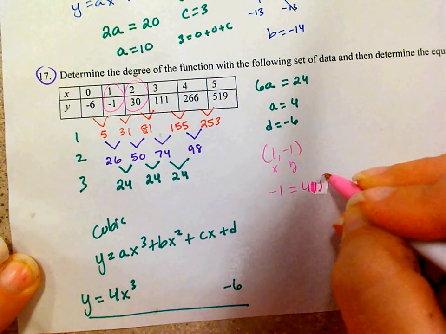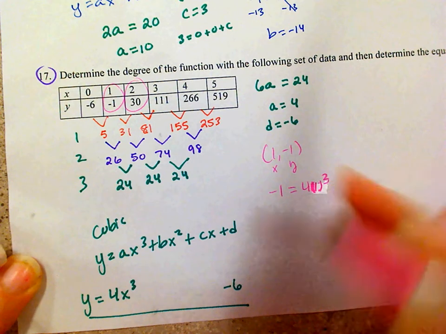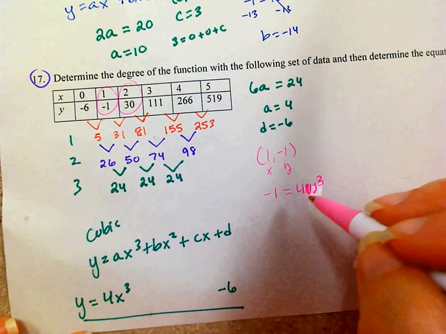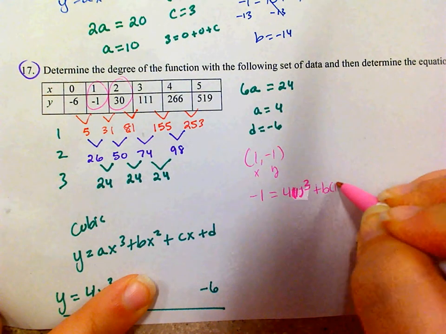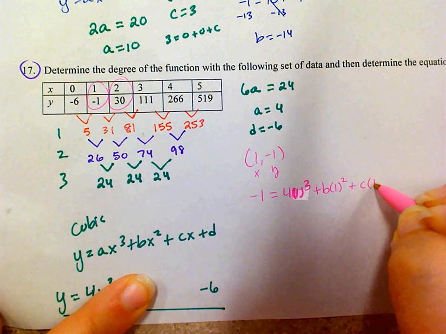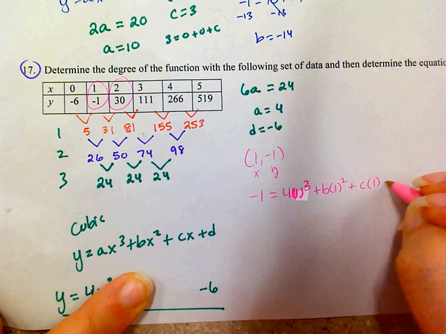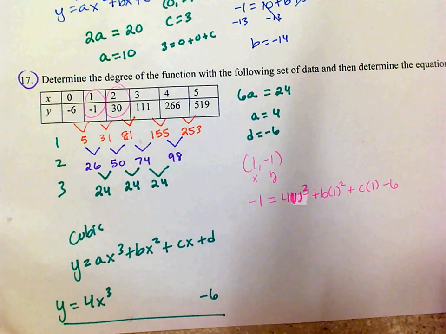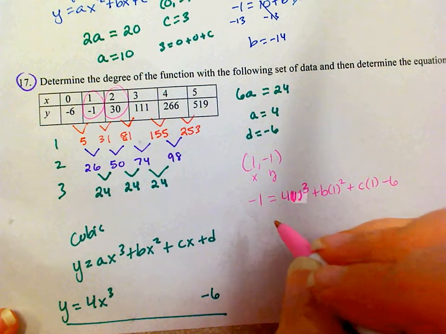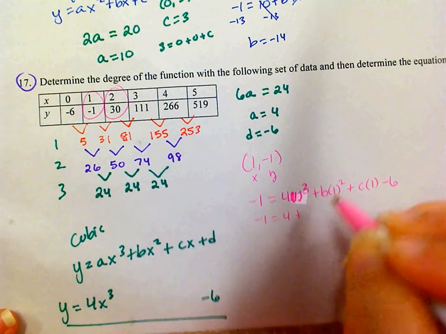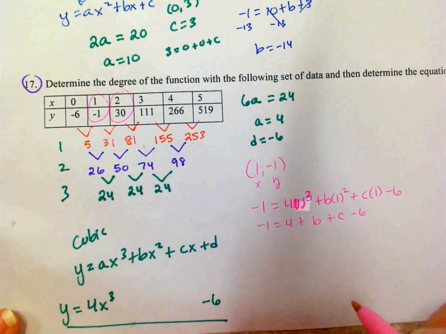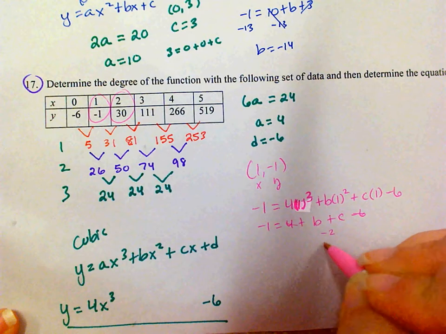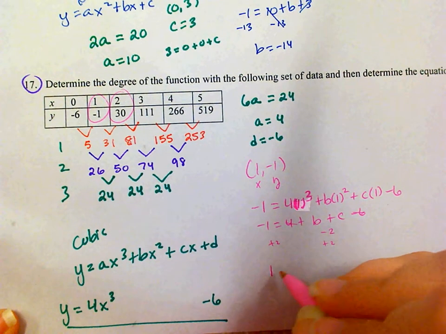So 4x cubed plus bx squared, so b times 1 squared, plus c times x, which is 1, plus d, which is minus 6. Okay. 1 cubed is 1, so this is negative 1 equals 4. 1 squared is 1, so plus b, plus c, minus 6. 4 minus 6 is a negative 2. So if I'm going to add 2 to both sides, then I'm left with 1 equals b plus c. Okay? So all I'm doing is combining these to negative 2, and then I'm adding 2 to both sides.